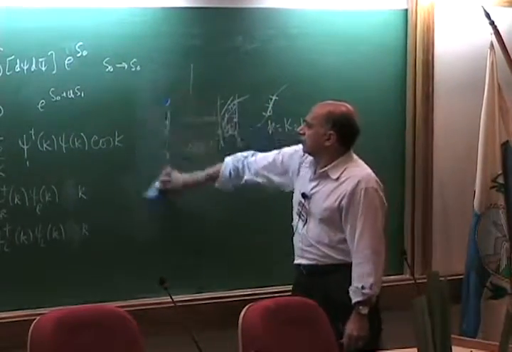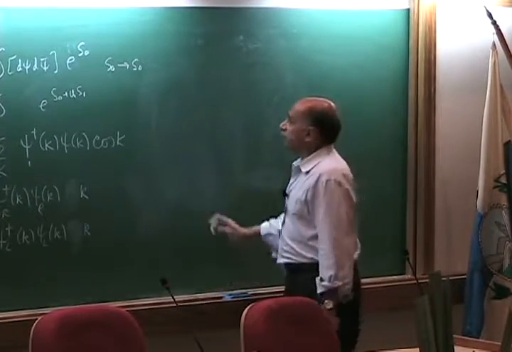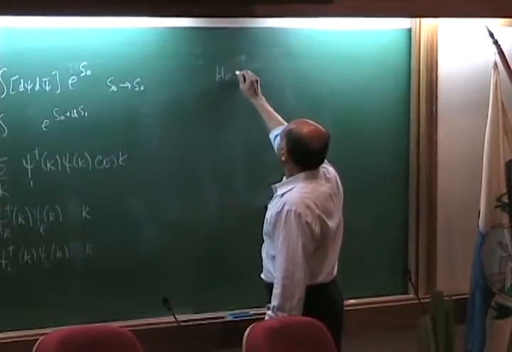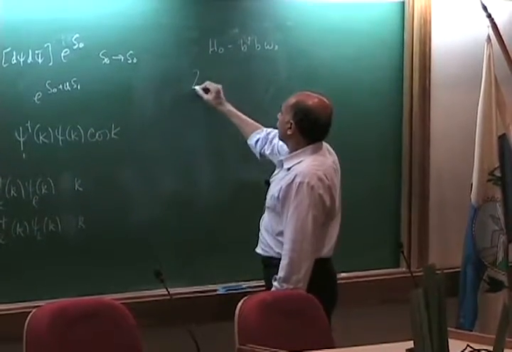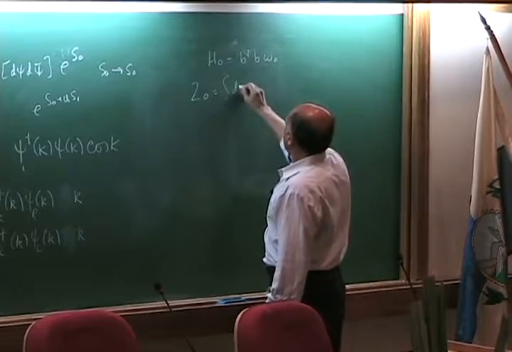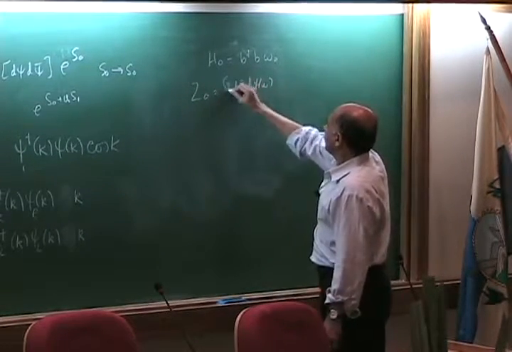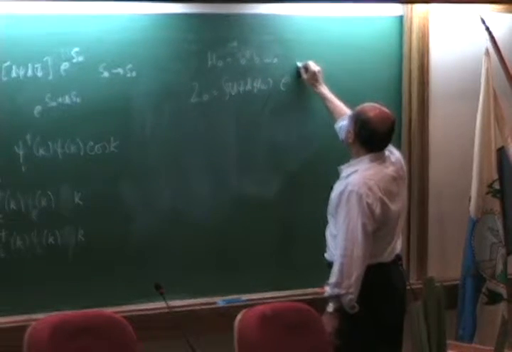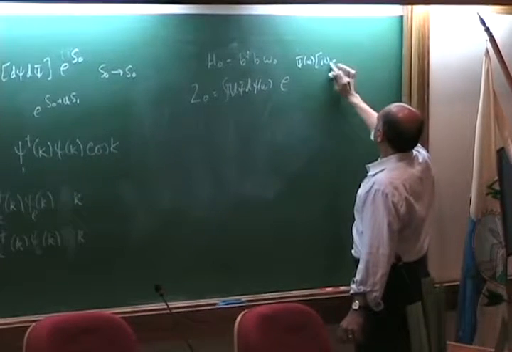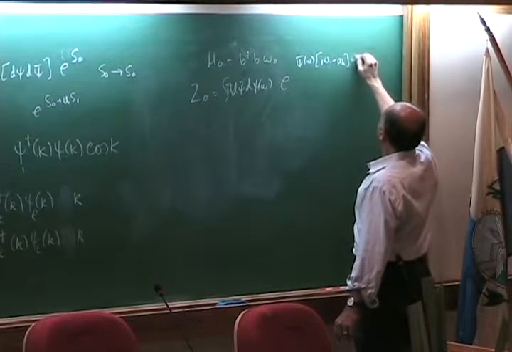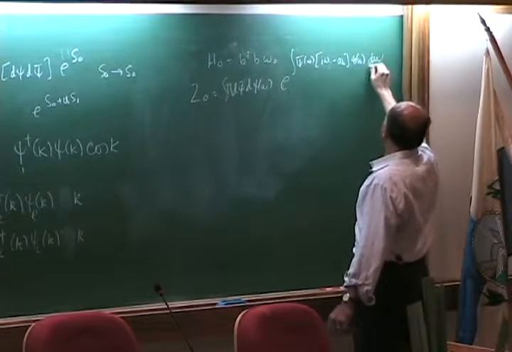So what is the path integral for this problem? You remember my telling you yesterday that if your Hamiltonian looks like b dagger b times omega naught, then the partition function for that guy is the integral d psi bar d psi at different omegas times e to the psi bar (i omega minus omega naught) psi of omega, integrated over omega.